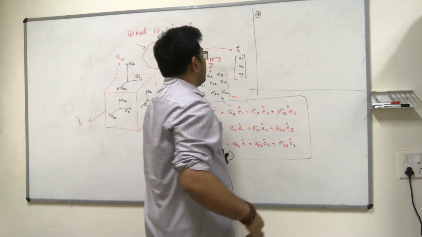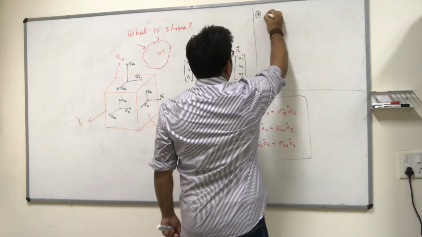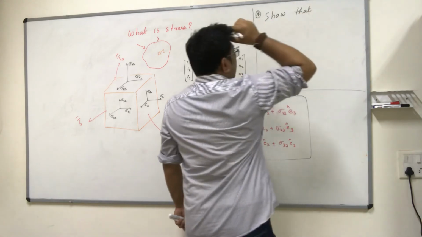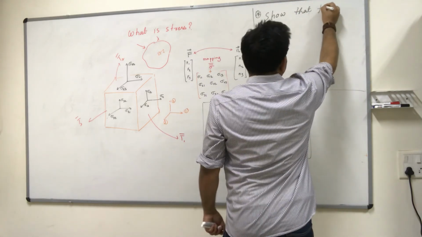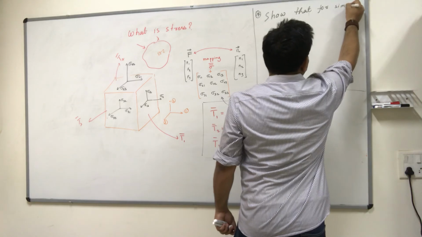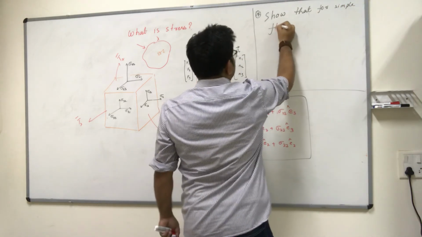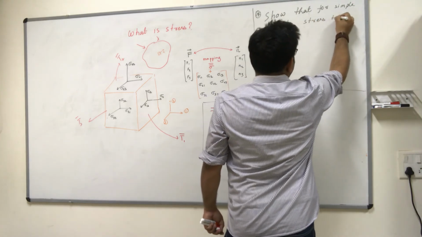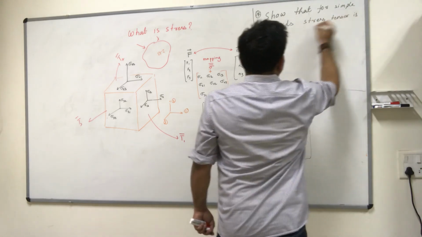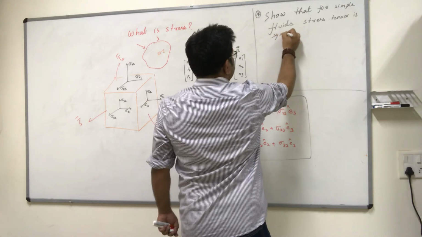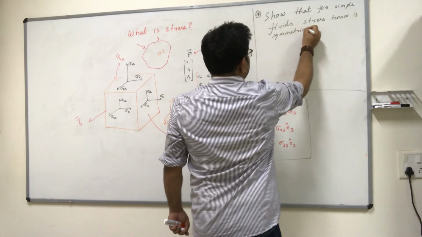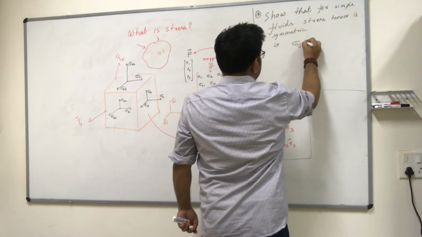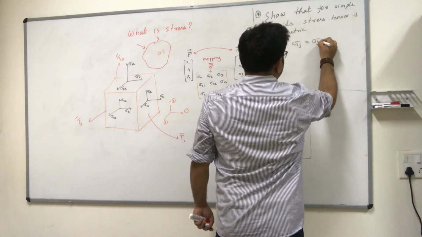You have to show that for simple fluids the stress tensor is symmetric. That is, sigma ij equal to sigma ji.